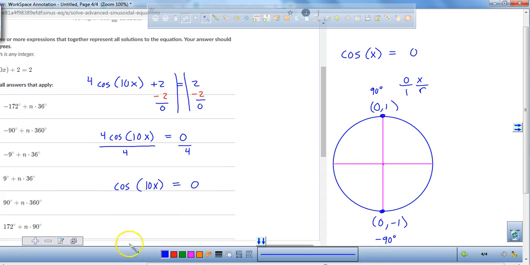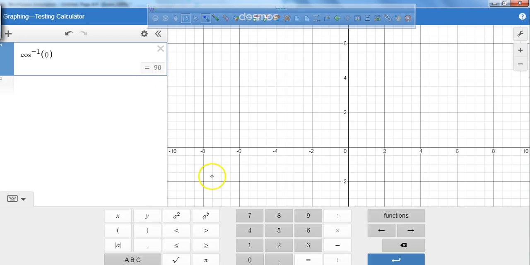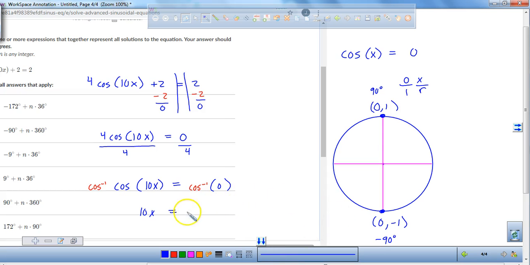So if I do the inverse of cosine on this side, and over here I'll erase it, make it a little bit neater, do the inverse of cosine on this side, we will get 10x equals 90 degrees.